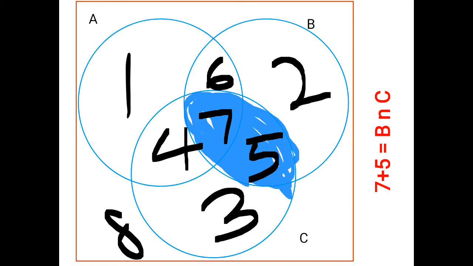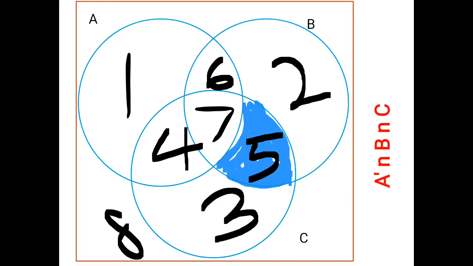So mathematically, it is B intersection C. But when you are reading, or when they are saying it, you hear or you see something like B and C, or both B and C. So let us not forget: region 7 and region 5 shaded is B intersection C, B and C, both B and C.